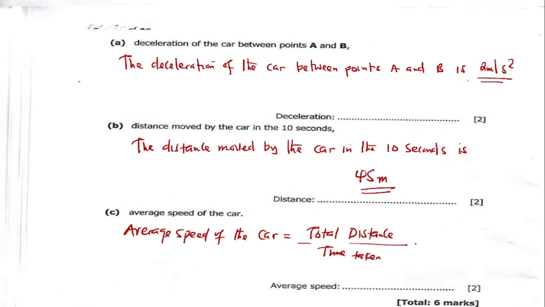If you look at our graph, we found the total distance covered as 45 meters. Then the time for the whole journey is 10 seconds. If you divide, we're going to have 4.5 meters per second squared.